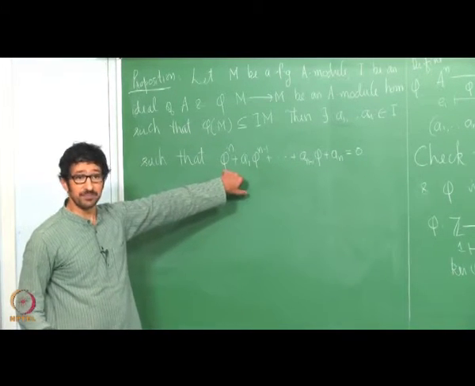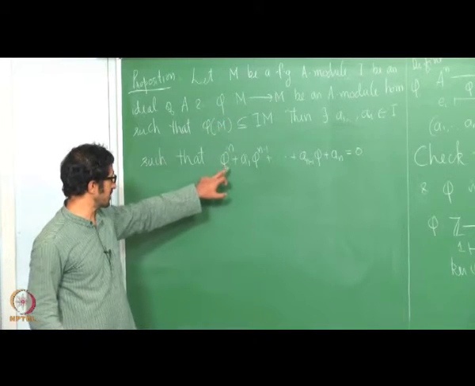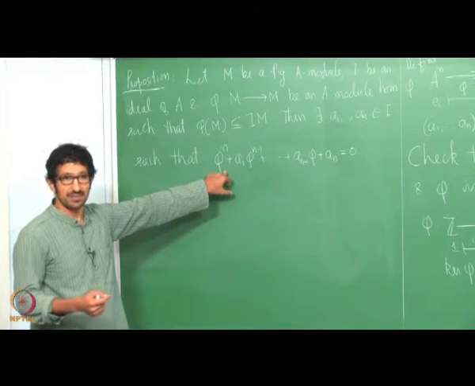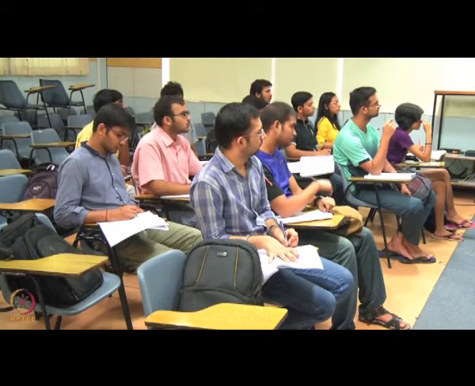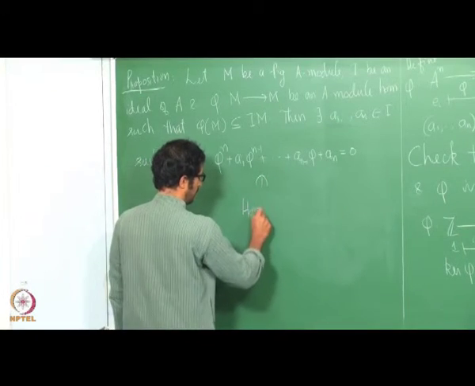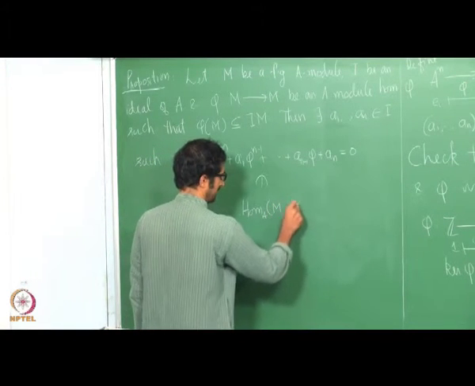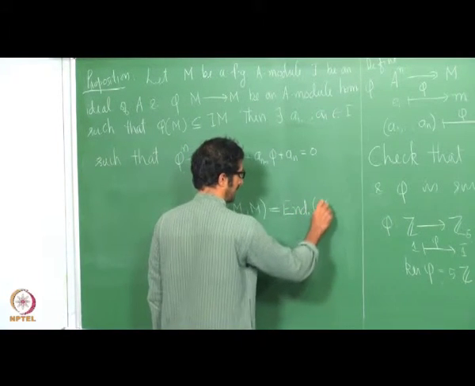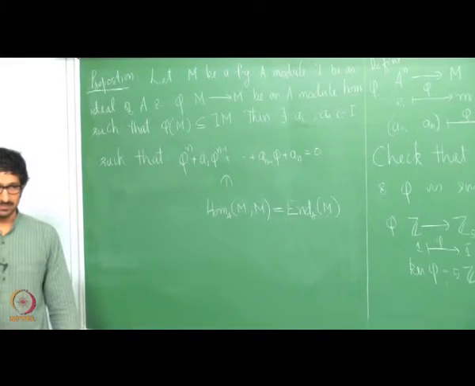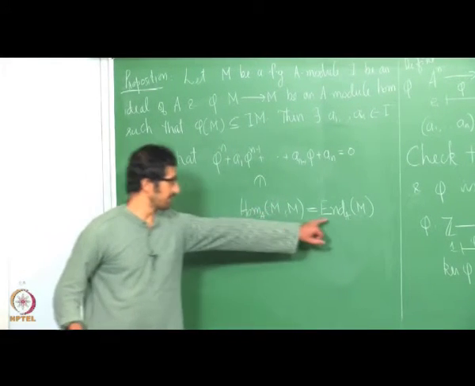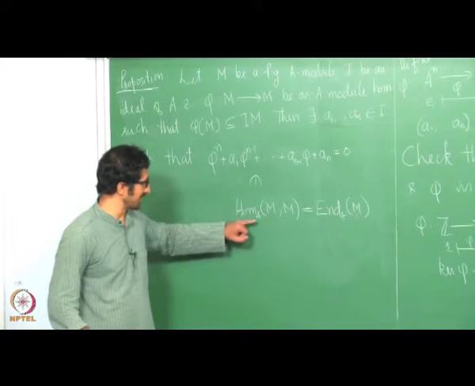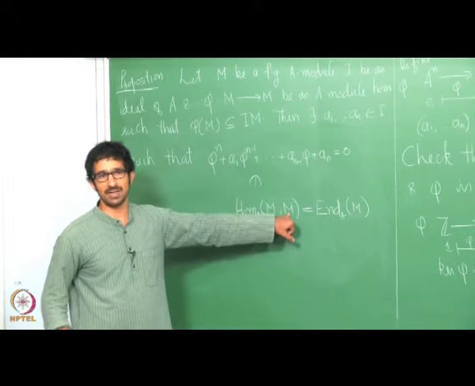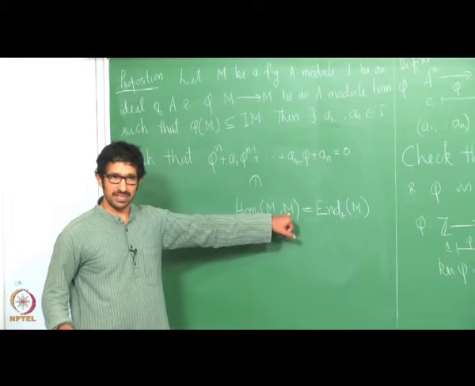No, what is phi? Phi is a homomorphism. So, what is meant by phi square? Exactly. So, this as an element in hom A(M, M), which has another name, the set of all endomorphisms of M. We have seen that for any modules M and N, hom A(M, N) is an A module.